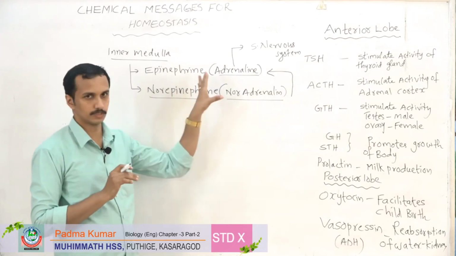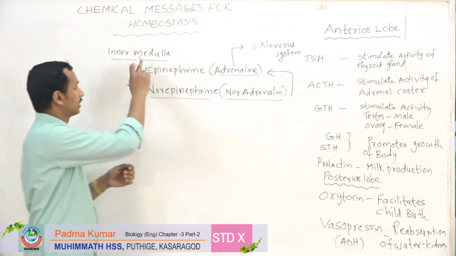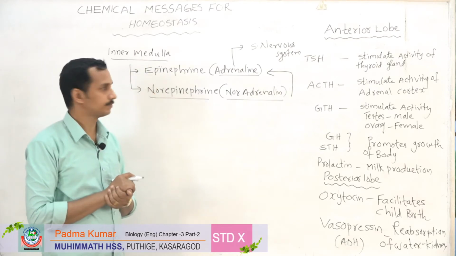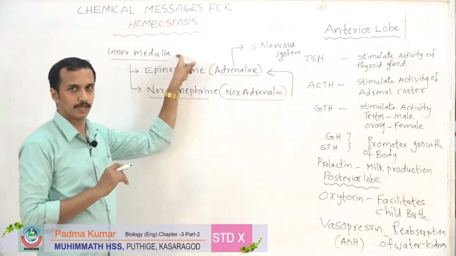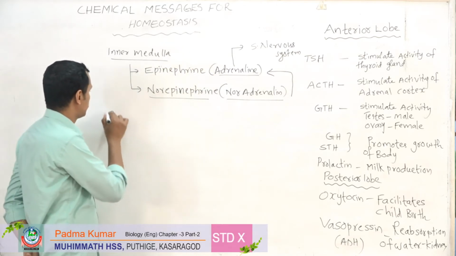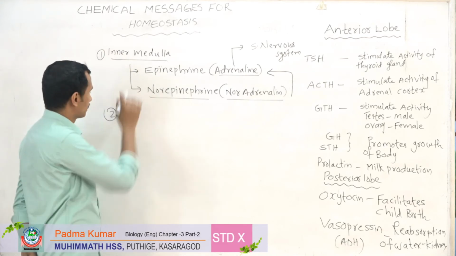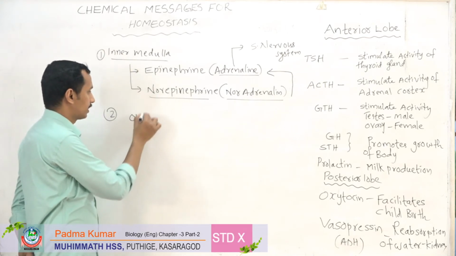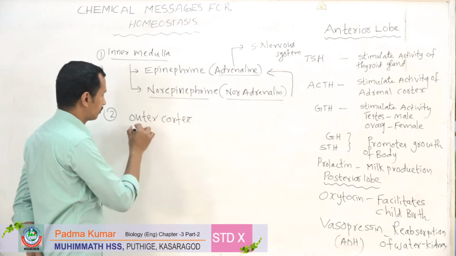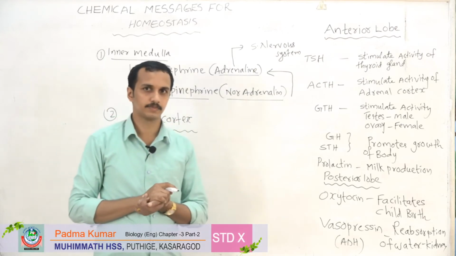So these hormones are known as emergency hormones, secreted by the inner medulla region of the adrenal gland. Now the second region is called the outer cortex.